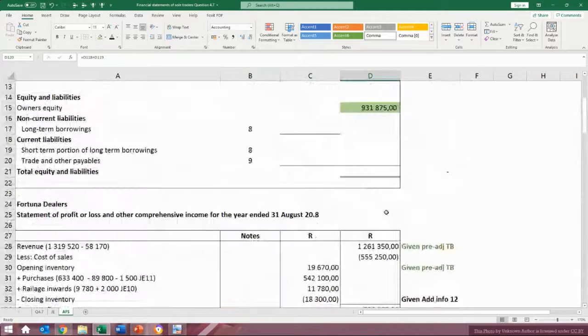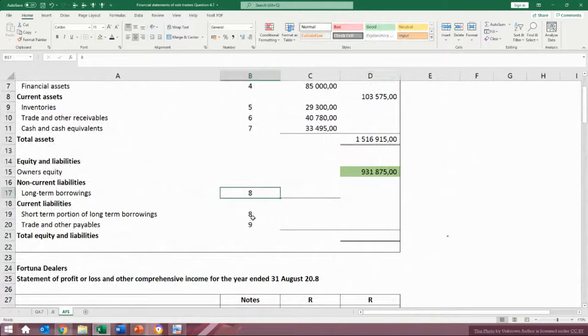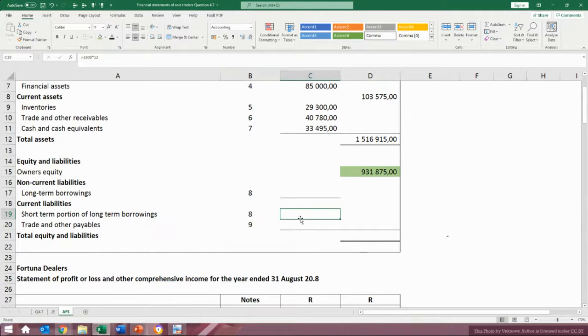So when you look at your statement of financial position, you'll see I've got a note number 8 for both of those line items. So your short-term portion is the 3,300 multiplied by 12, and then the remaining balance goes to the long-term borrowings and the non-current liabilities based on that note disclosure.